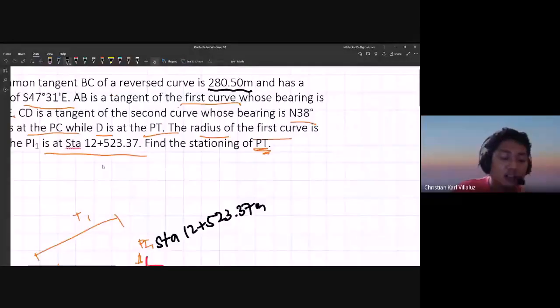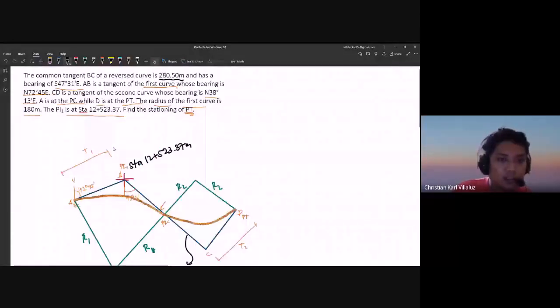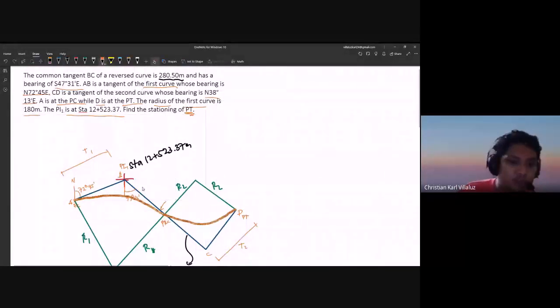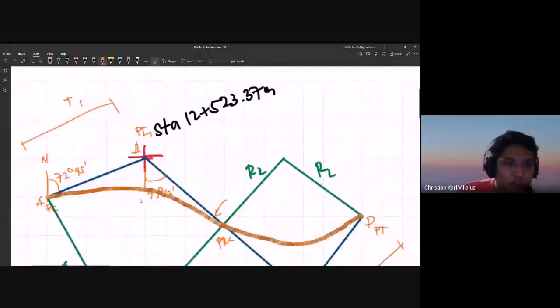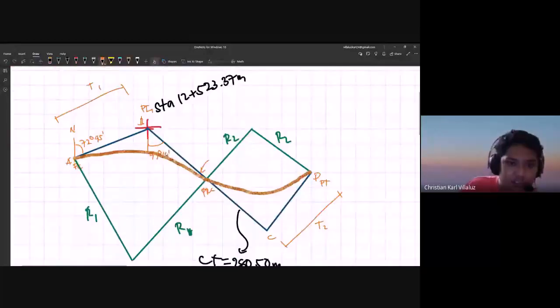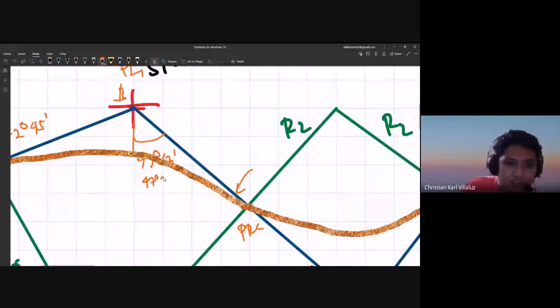Since given na class yung mga azimuth or mga bearing ng mga tangents, kaya na nating hanapin yung kanyang angles of intersection sa kada curve. So ito, BC 47 degrees 31 minutes.